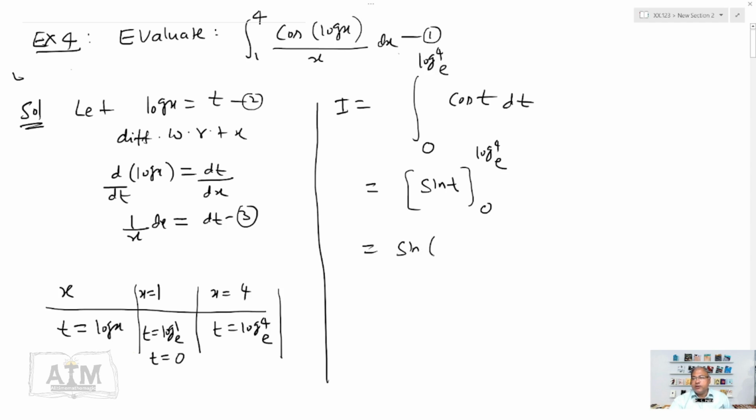So that is sin of log 4 to the base e minus sin of 0. So the final answer is sin of log 4. If you do not write e, then it is understood to be the natural logarithm, and this is the required solution.